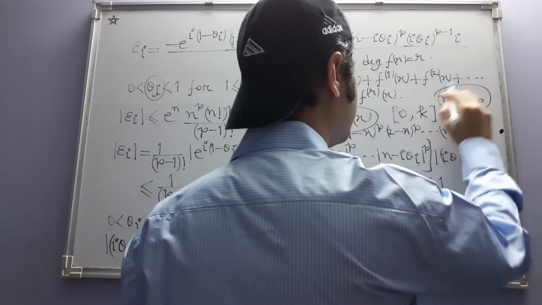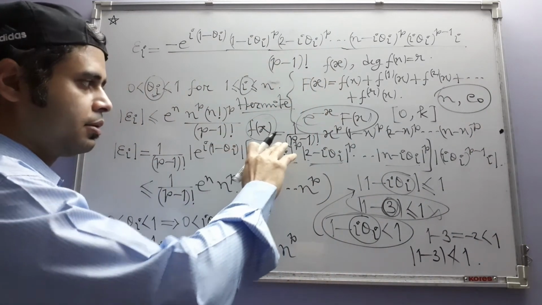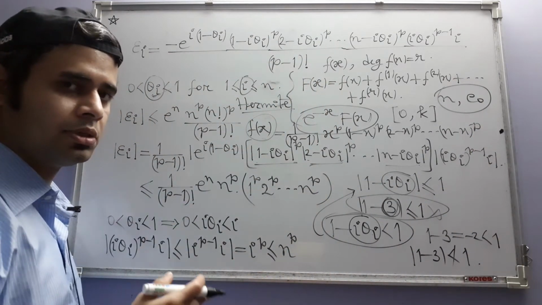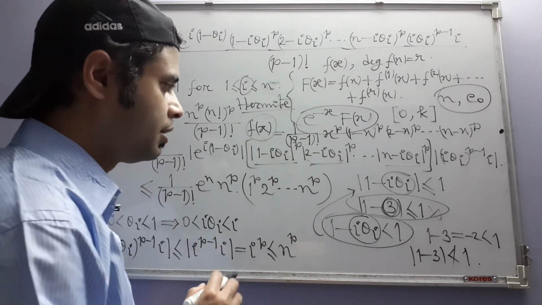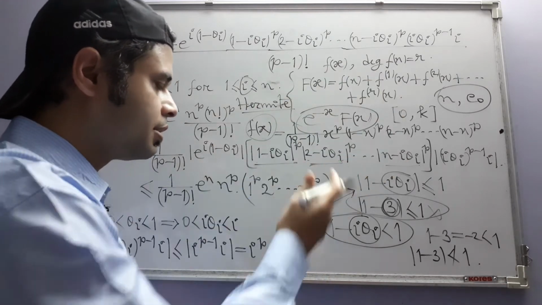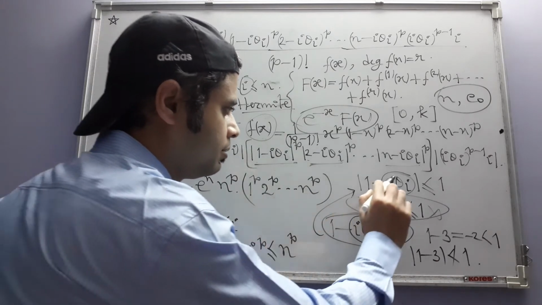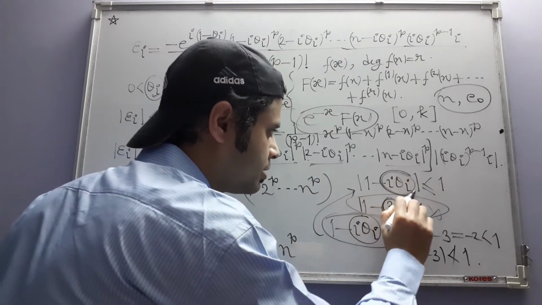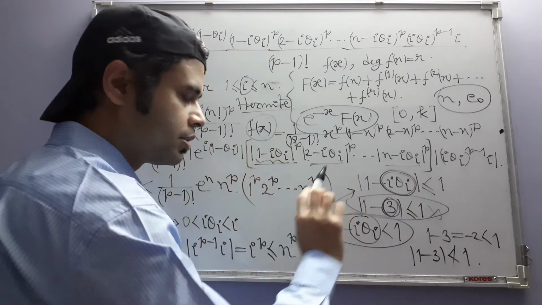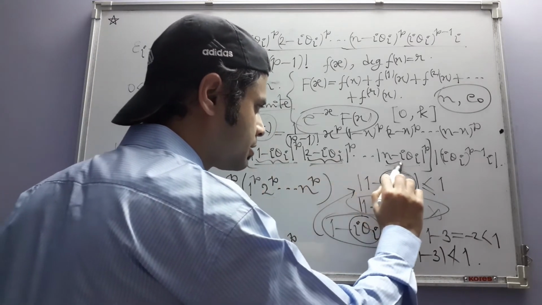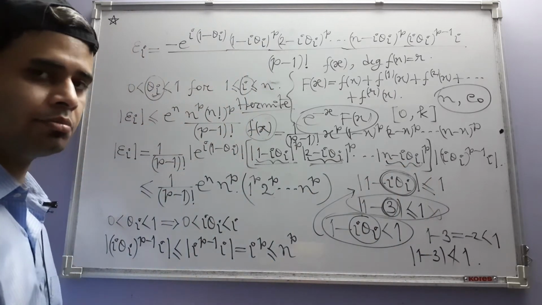You go back to the proof, you will see that the prime p was chosen to be greater than n and greater than c naught. Now one may argue that all these things ultimately lead to the situation that these are all without the modulus. These expressions are actually positive real numbers.